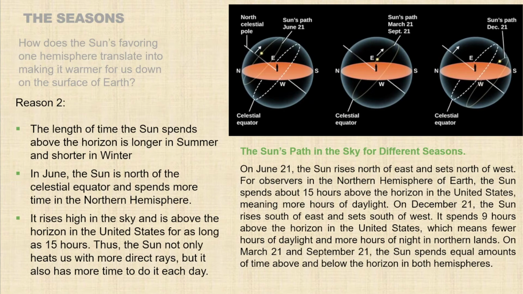Please, you can notice this if you haven't noticed. In winter time, if you face the wall at the east and west, the sun rises towards the south, and it spends very little time.